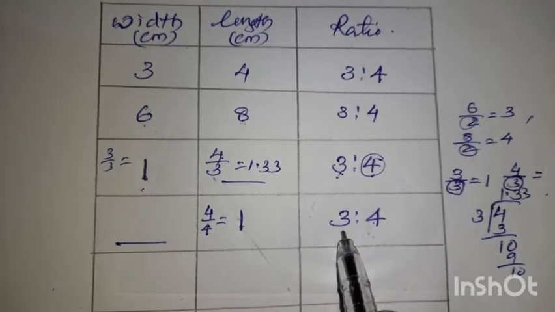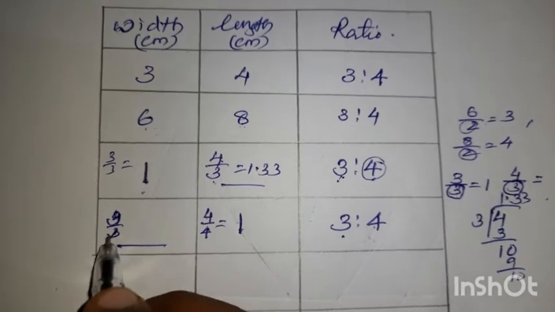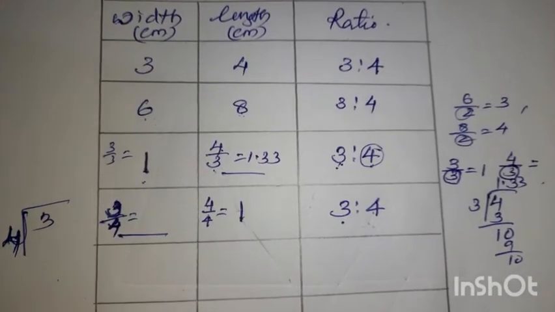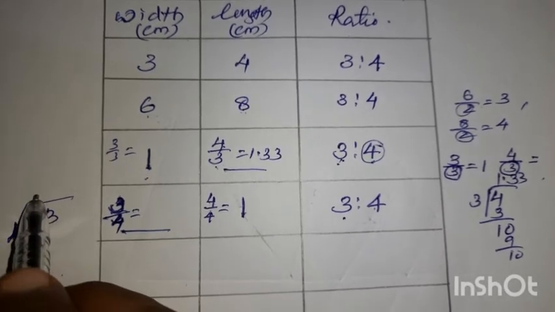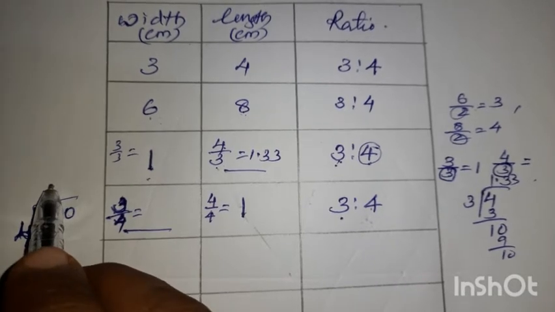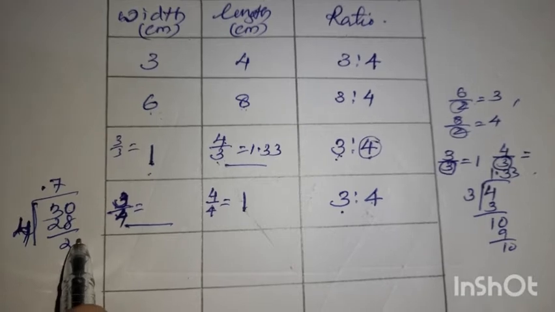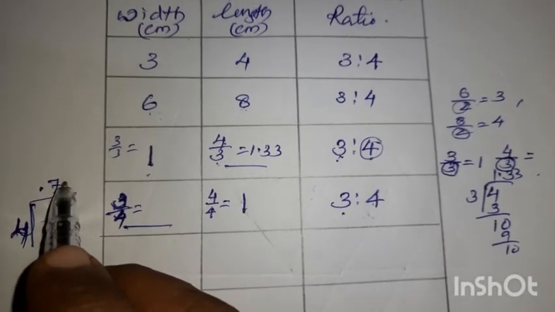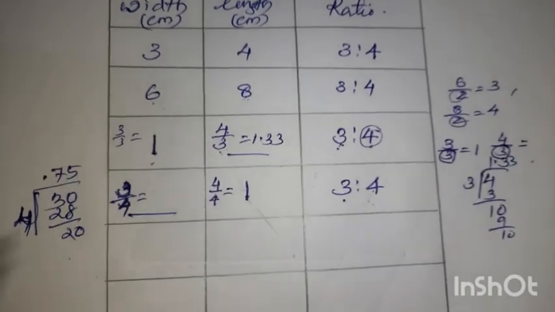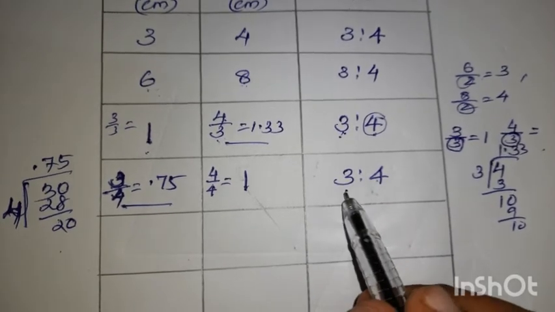The same 4 you have to divide this one by. So 3 by 4. 3 by 4 you have to divide. 30, 7 4s are 28, 2 is the remainder, 20, 5. So 0.75. Okay. So we have to divide with the common number.